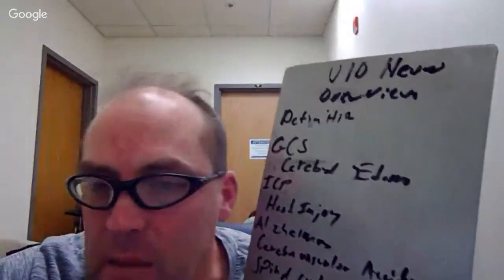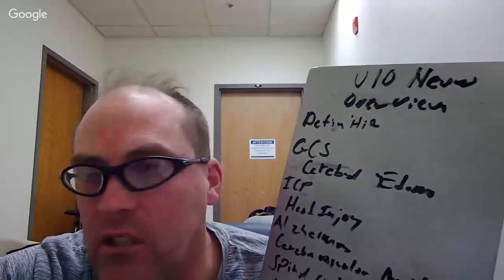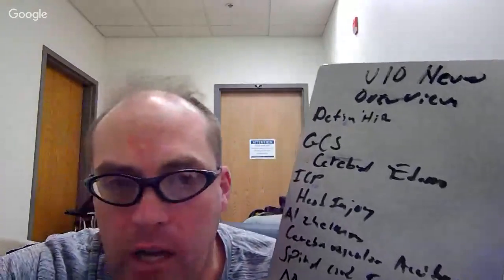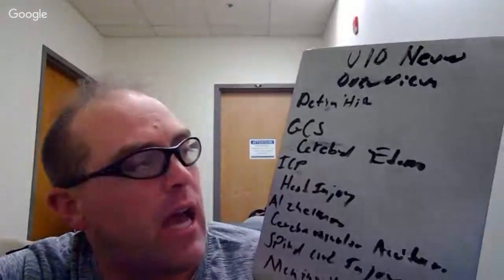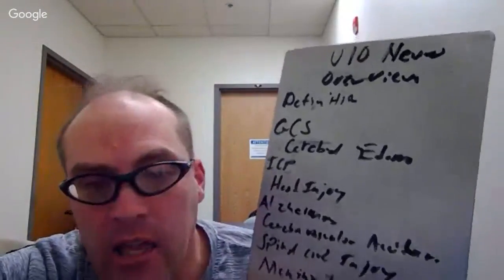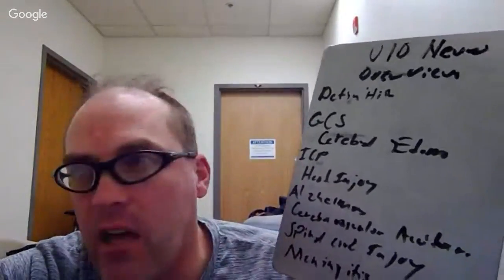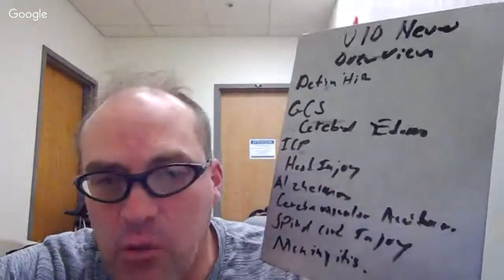Cerebral edema, or fluid or blood on the brain, is next. They're going to go through a couple of different conditions in the notes about that. Then intracranial pressure, and how that happens; those are closely related, cerebral edema and ICP. Head injuries, just trauma, like getting hit in the head, what that means and how that happens. Alzheimer's, and what's going on with Alzheimer's. That'll be really exciting, a real page turner.